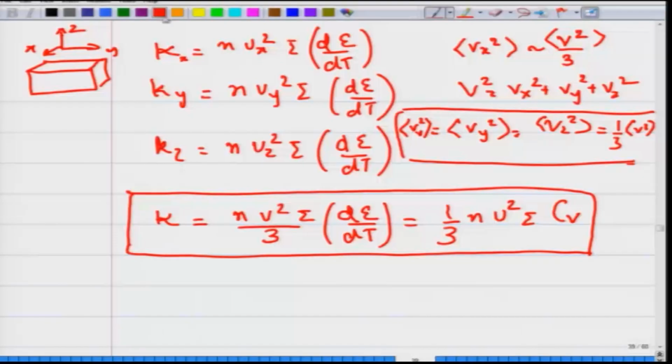We have seen that we can write down an expression for a 3D material across which we maintain a hot and cold end. Suppose we have a hot end and you have a cold end, then there is going to be a heat flow, there is a gradient in temperature across the material, and there is going to be a heat current, and from that heat current we found out what is the thermal conductivity of the material.